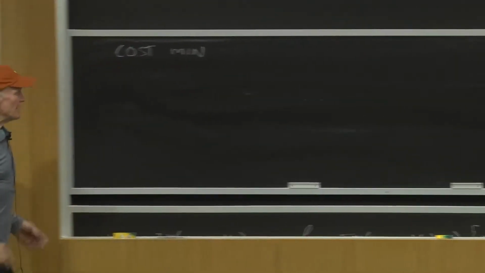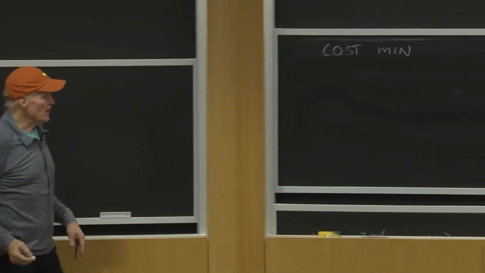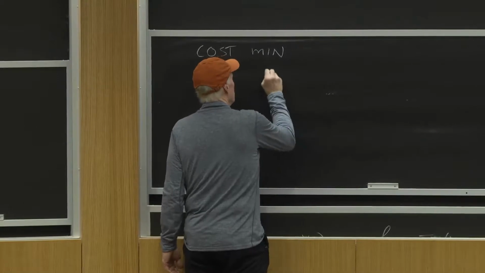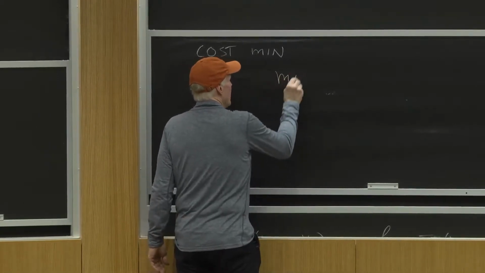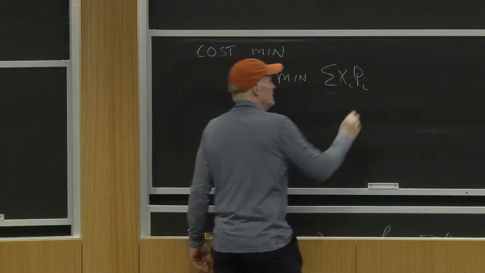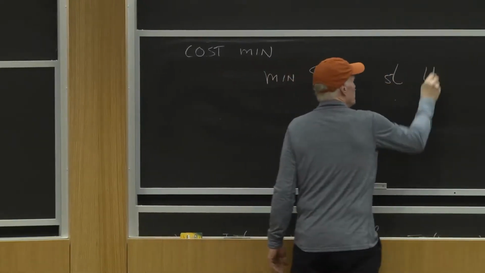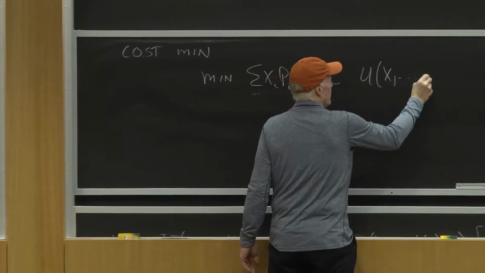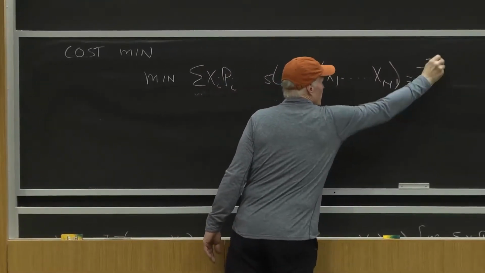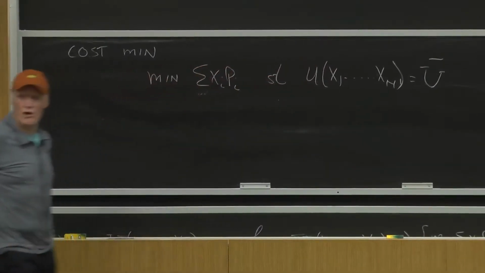So the cost minimization problem is, in mathematics, the dual of the problem we just talked about. Let's find a bundle to minimize the sum of the x_i p_i subject to u of x1 up to xn equals some specific utility level u bar.